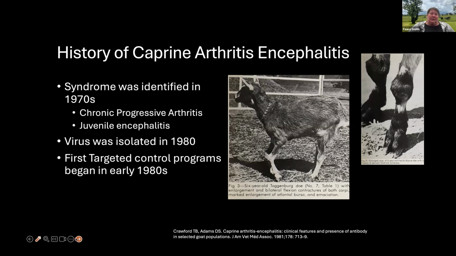The first control programs that helped with CAE were actually instituted for mycoplasma. And those herds that did that, even though they didn't know what the cause was at that time, started to see a reduction in the amount of clinical disease they were seeing of this progressive arthritis in their herds, whose cause they did not know.